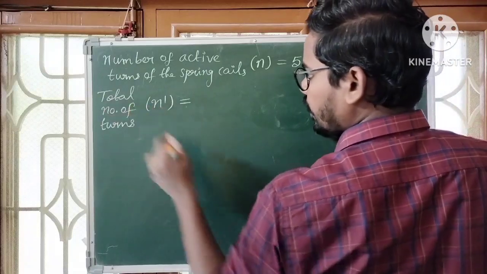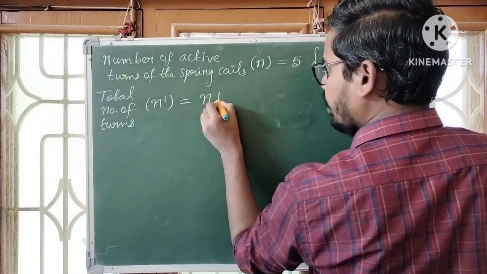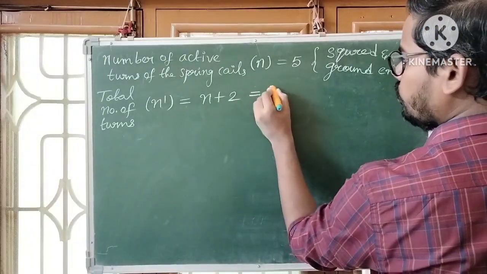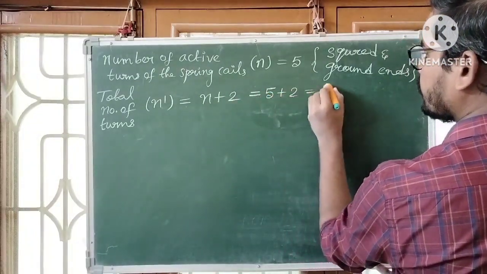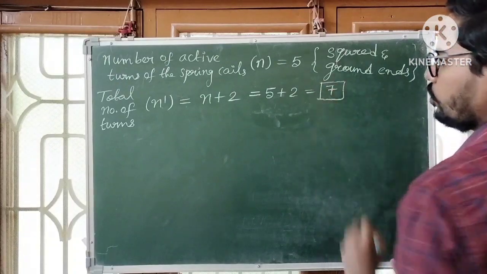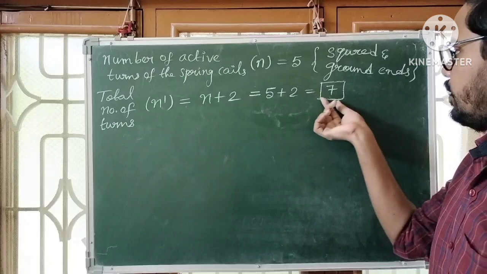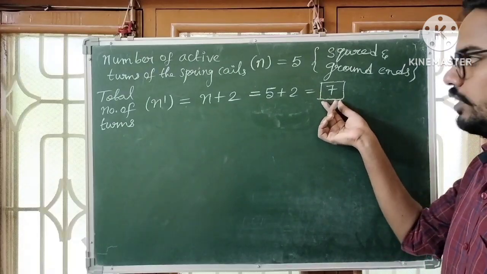Then the total number of turns n dash is equal to n plus 2, a standard formula. So n is 5, and 5 plus 2 is 7. Therefore the number of turns is equal to 7.